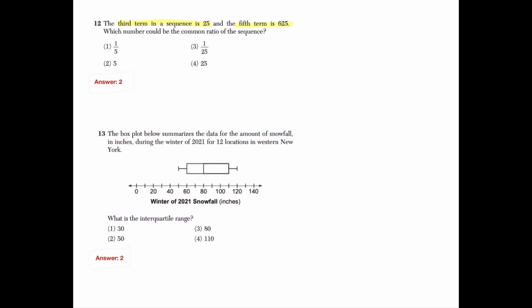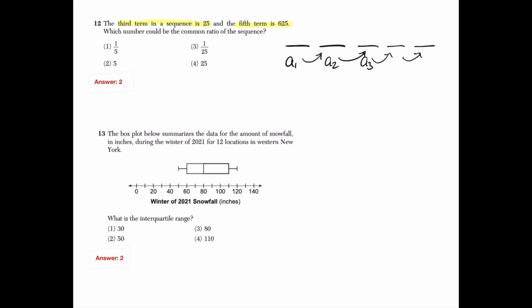So I think of this as I have a sequence of 5 numbers, and I'm looking for what is the common ratio, like what is happening to these numbers as I go through each sequence. So here's A1, the first number. I have no idea what it is, and the second term I don't know either.